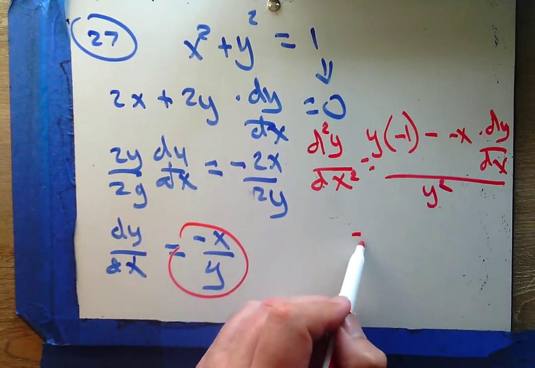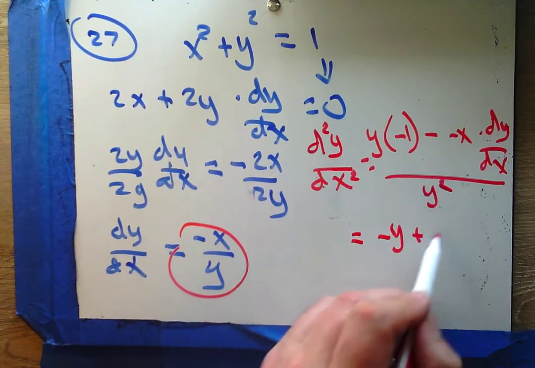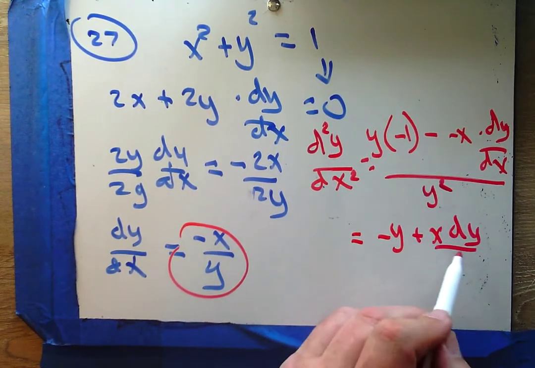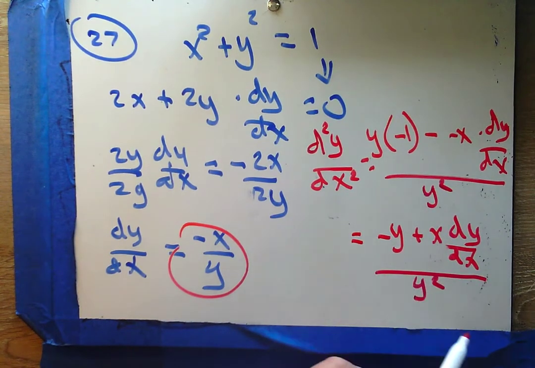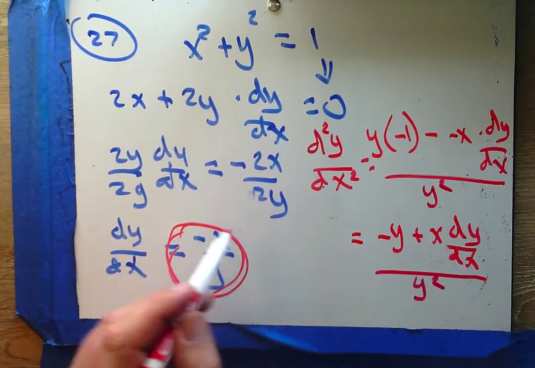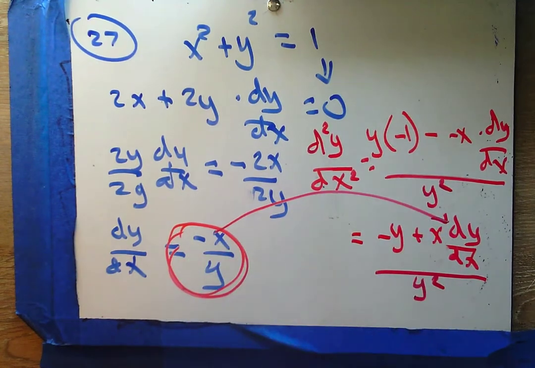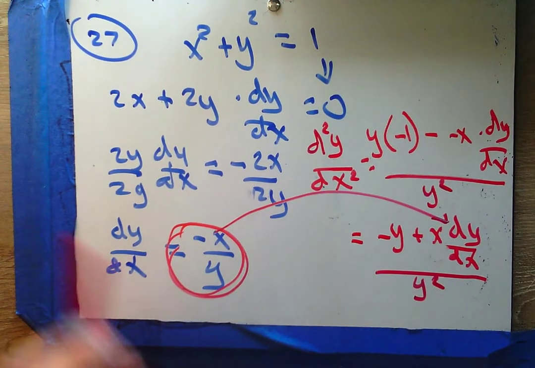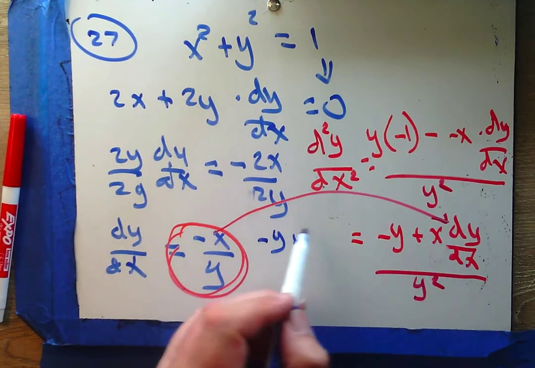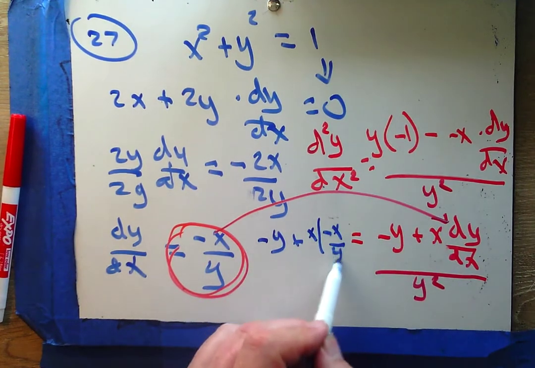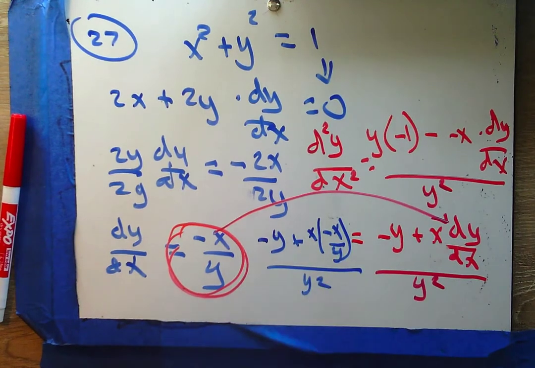And so that's going to be negative y plus x dy/dx all over y squared. Remember, this is our dy/dx. We need to plug that in there. And so I will end up with negative y plus x times negative x over y squared.